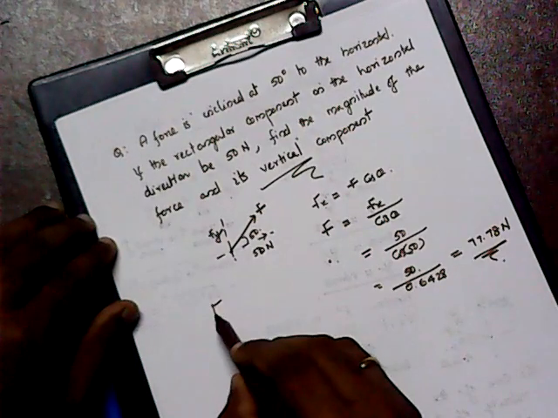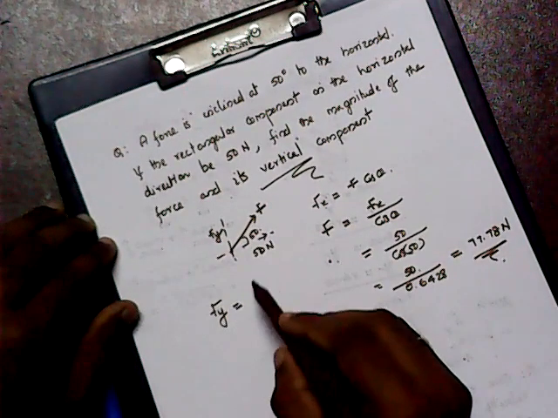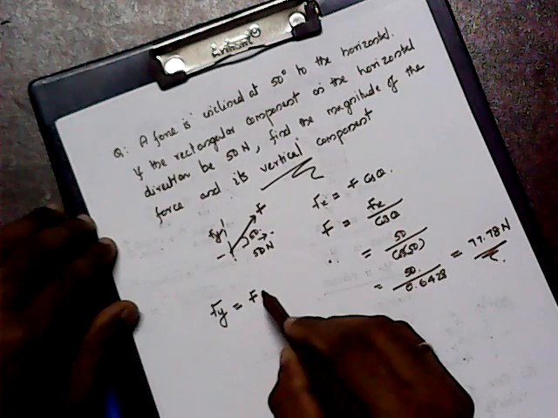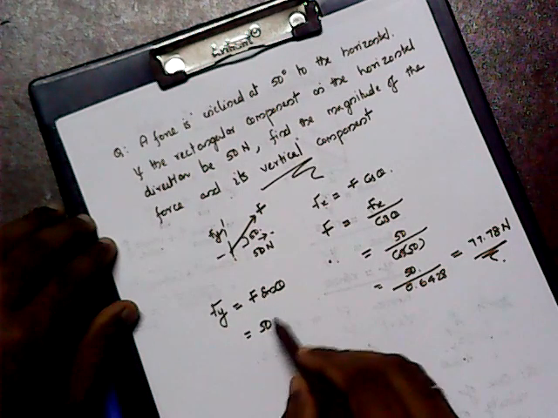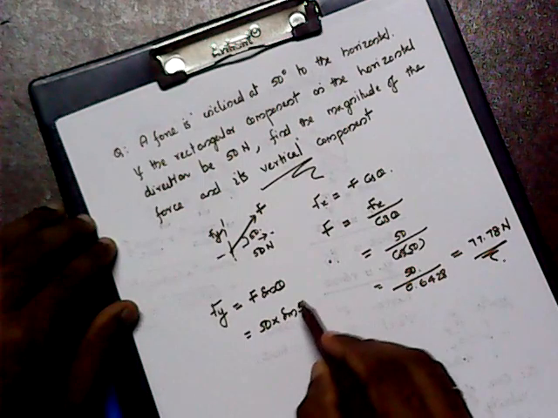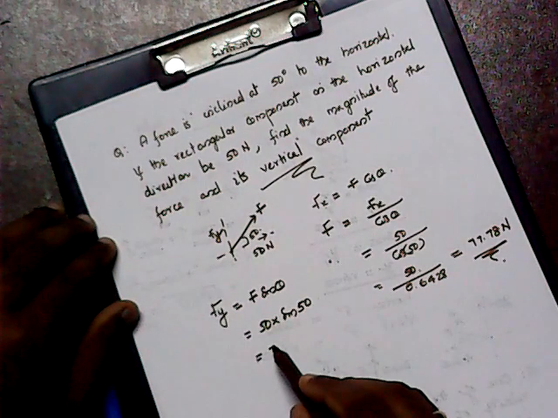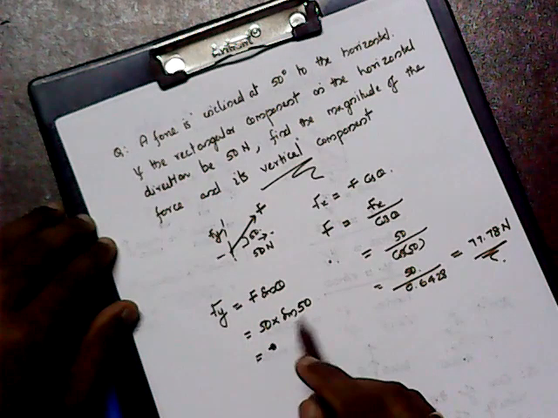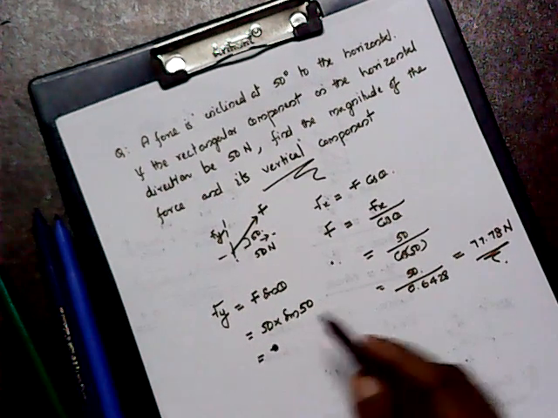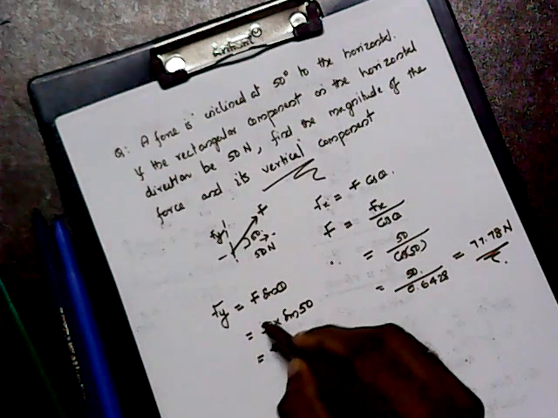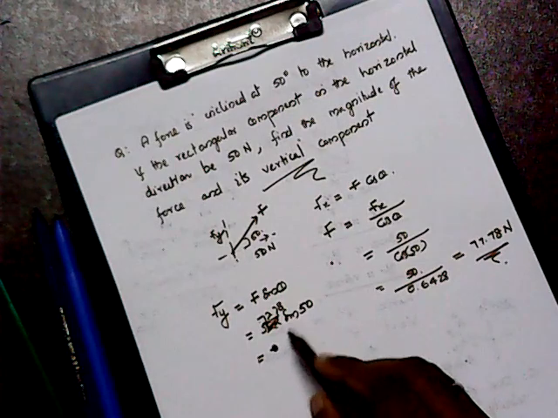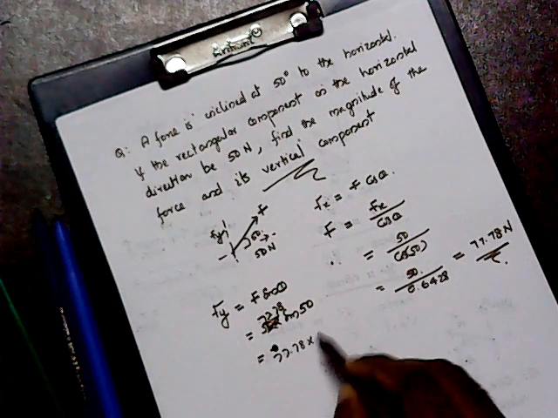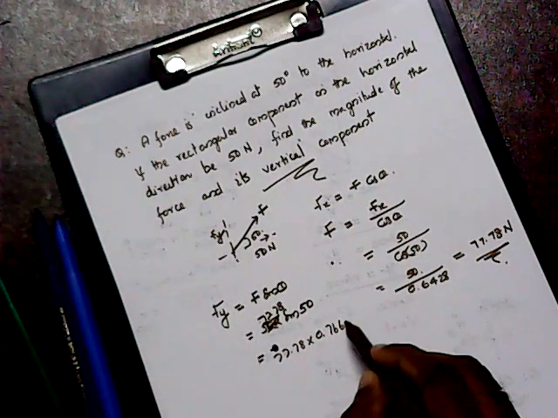Then how can we find the vertical component? Fy is equal to F sin theta. F is 77.78, so that is equal to 77.78 into sin 50, that is equal to 77.78 into 0.7660.